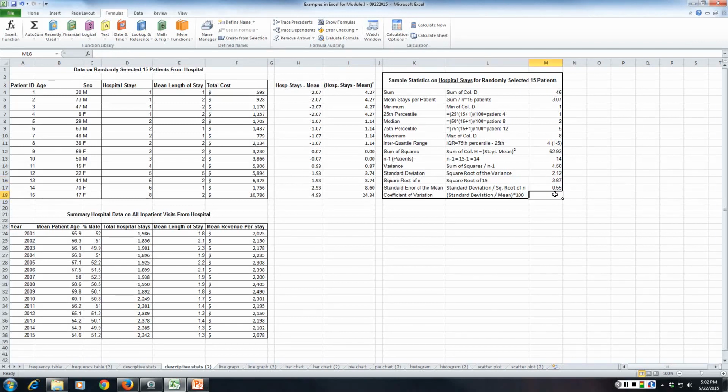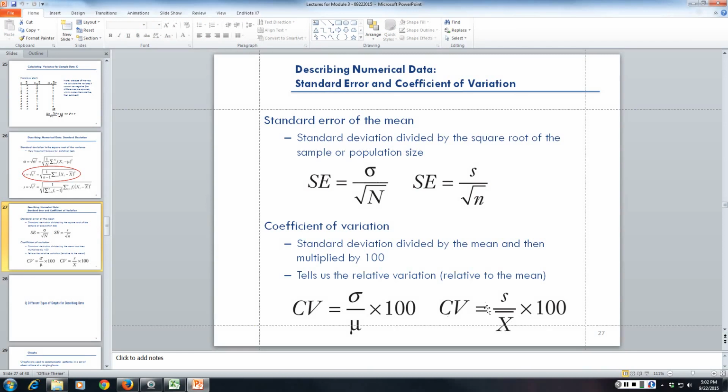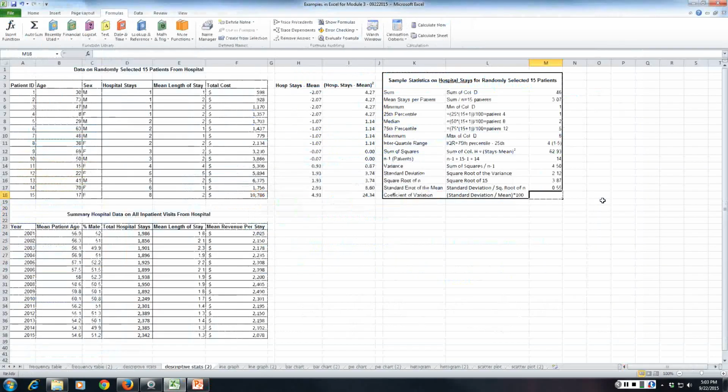Okay, what about the coefficient of variation? That's this formula here, which is the standard deviation divided by the sample mean, and then you multiply that by 100. So we put it in brackets here to set up the order of operations.